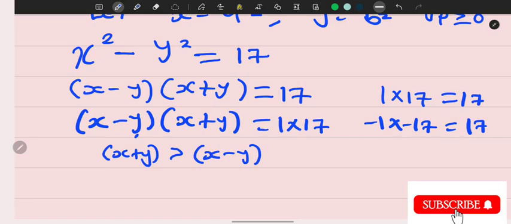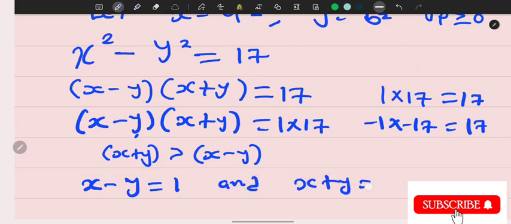So by the time you compare the left hand side with the right hand side, you're going to have x minus y equals 1 and x plus y equals 17. Do you get that? x minus y cannot be 17, it can only be 1 here. And x plus y will be 17.